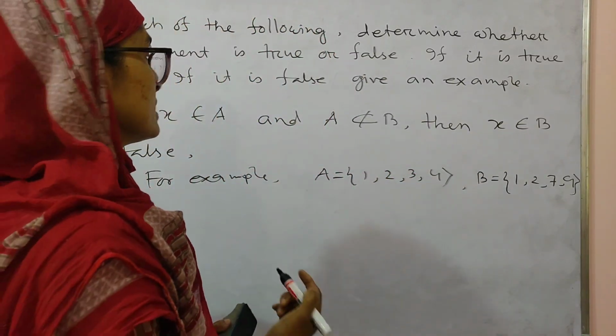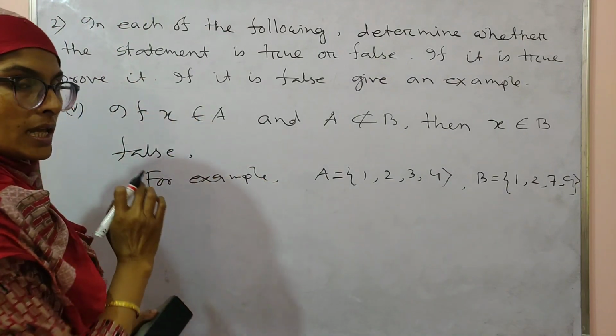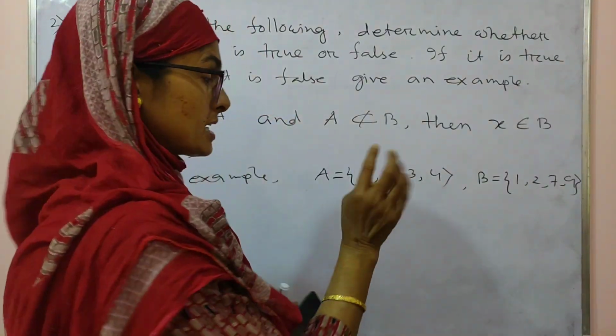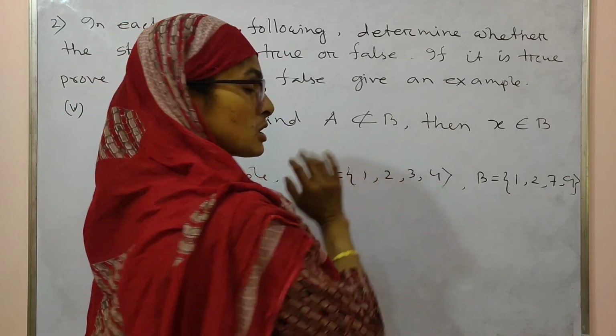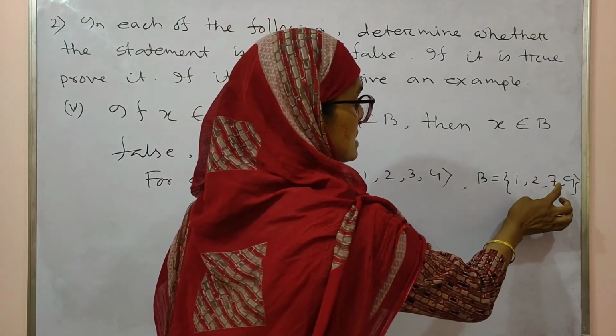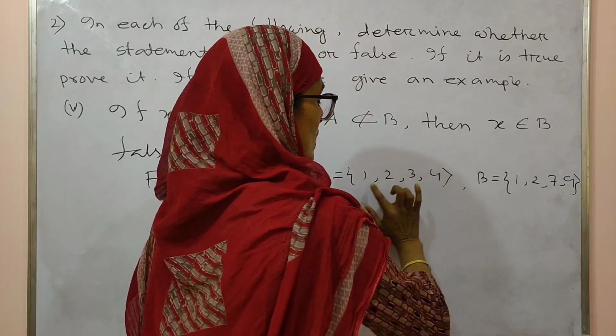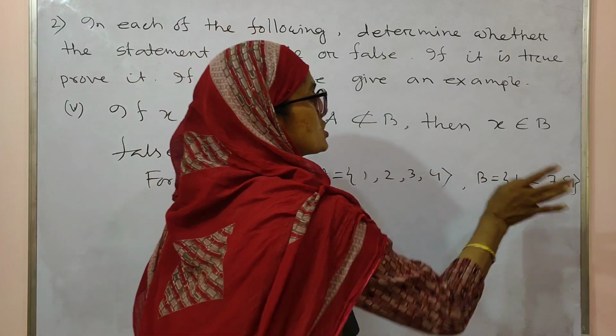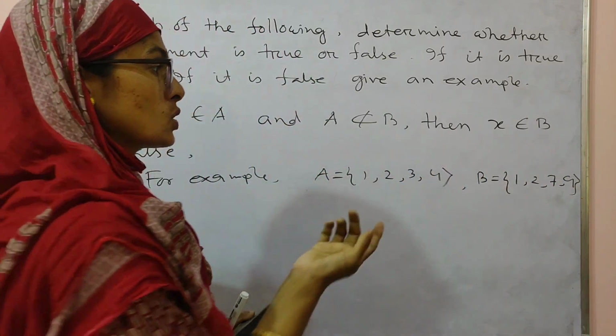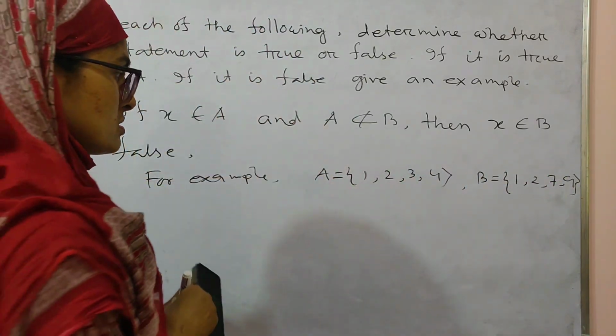But here X belongs to A, that means 1, 2, 3, 4 belong to A. But given 1 belongs to B, 2 belongs to B, but 3 and 4 do not belong to B. So this one is false.